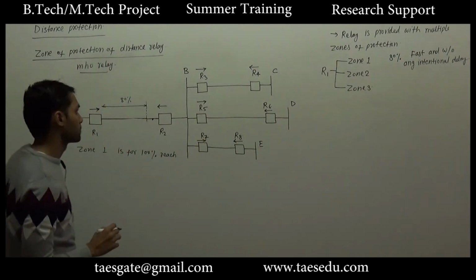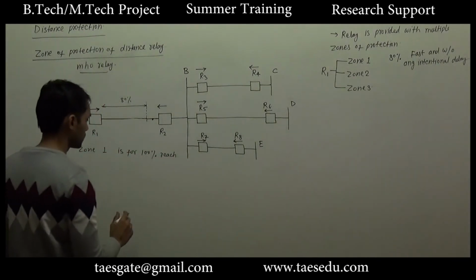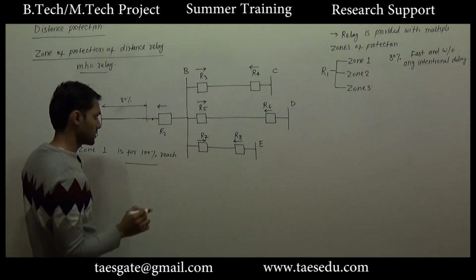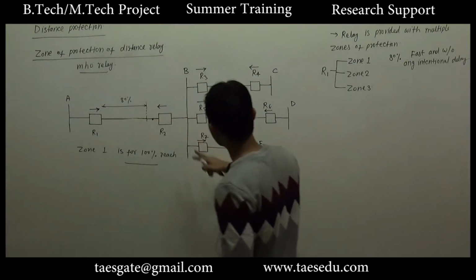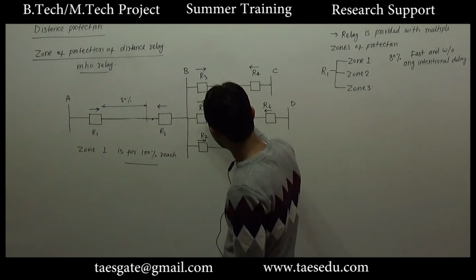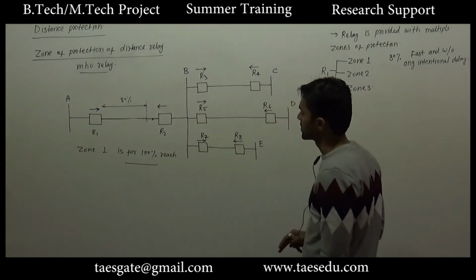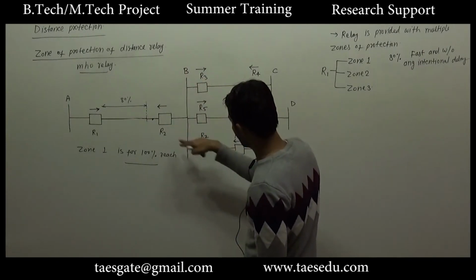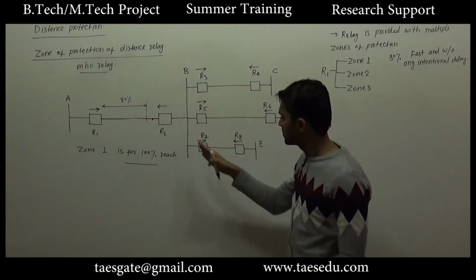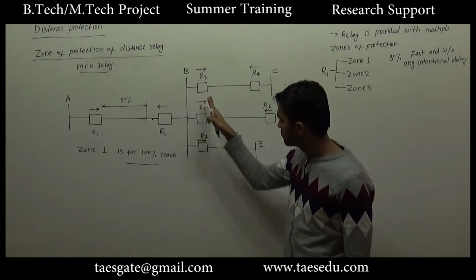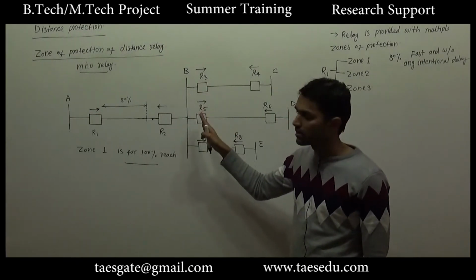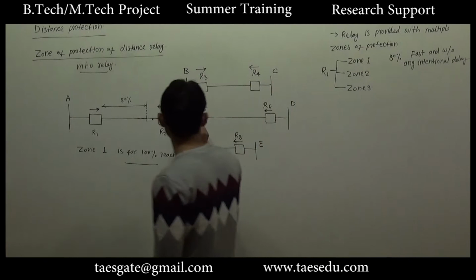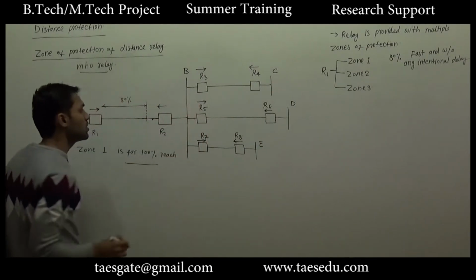Now what will happen? Before discussing this, let us observe that relays R2, R3, R5 and R7 are connected to the same bus B. Although I have drawn them at different places, in a power system these 4 relays will be connected at the same place, bus B only.